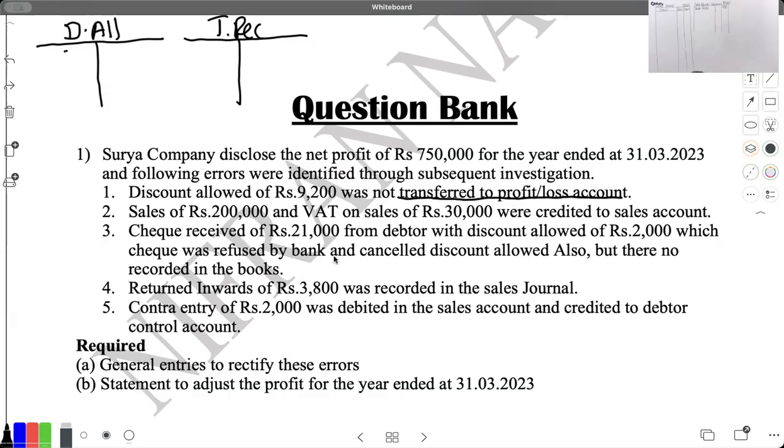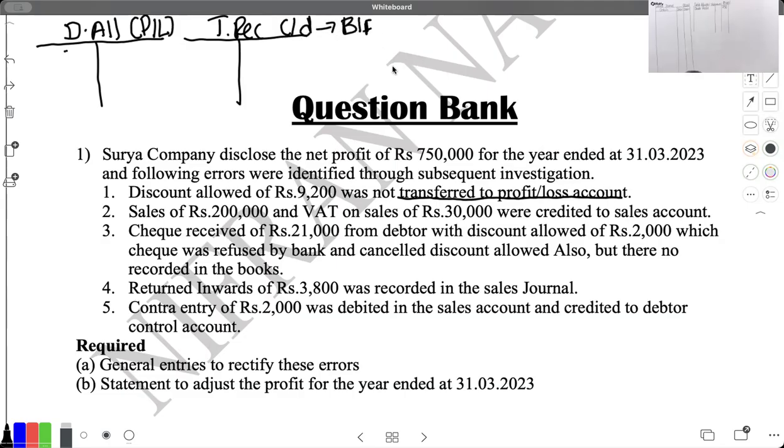Very good, Amila. Very good. We all know for sure, discount allowed will be charged to profit or loss account. Trade receivable will be carried down, and it will be brought forward.